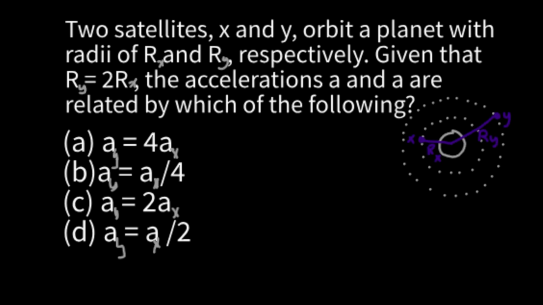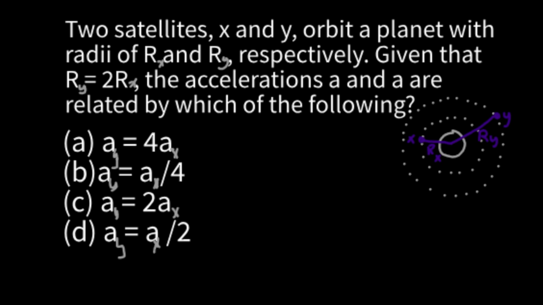Alright, let's begin this video with the challenge problem from the last video. So we are looking for a relationship between the acceleration of these two satellites. Well, we know that their acceleration is going to be centripetal, and we know that centripetal acceleration has a centripetal force related to it that is due to the force of gravity from the planet.